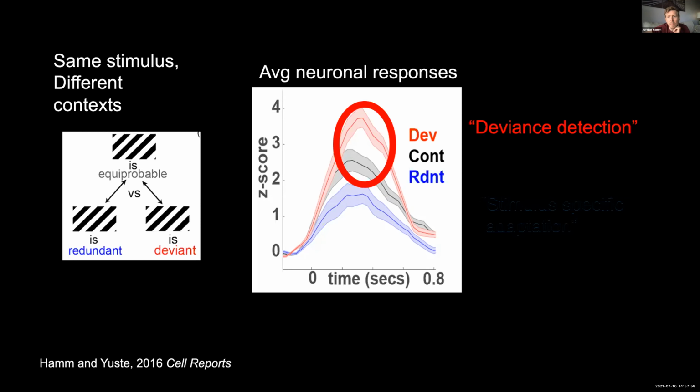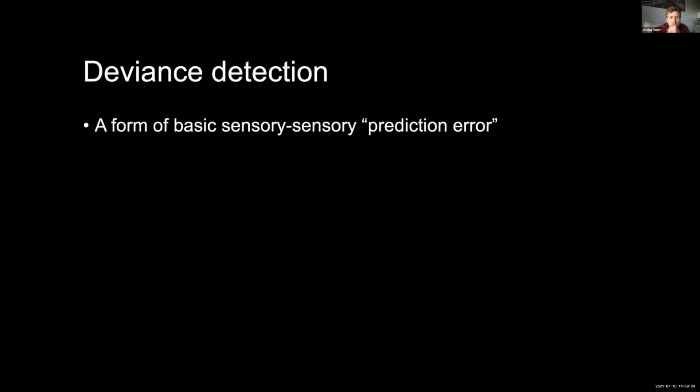It's not in the sense that the mouse is detecting or aware that the stimulus is unexpected. It's just that at the neural level, we can say these neurons to some degree are responding to contextually rare stimuli more than they would have if that stimulus was rare but not unexpected. So just to summarize the beginning part, deviance detection is observable in basic visual cortical neurons, and it reflects a form of basic sensory prediction error.